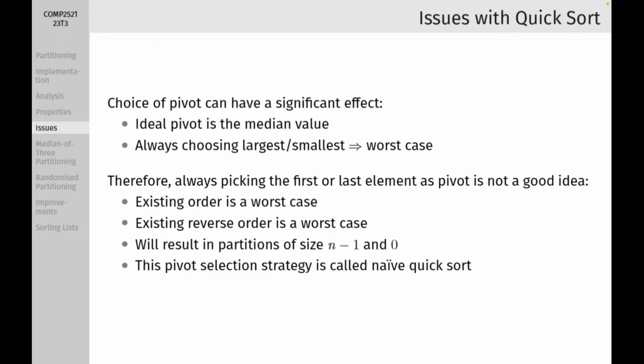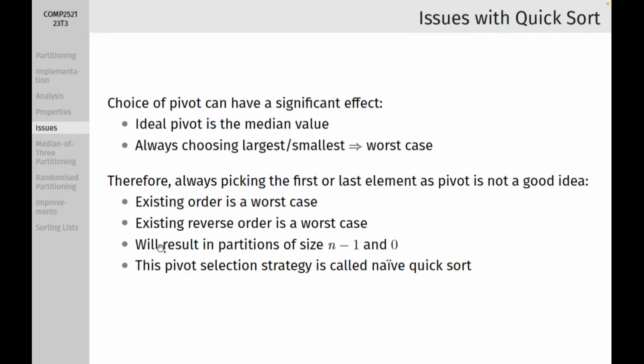That's because if your input is ordered or reverse ordered, that's going to be a worst case that will lead to the function taking O(n squared) time. And in practice, almost sorted data is actually quite common, so you wouldn't want to select the first element or last element as the pivot.